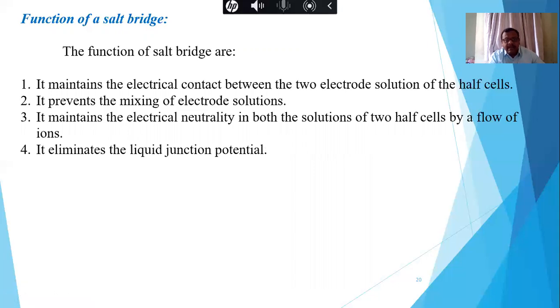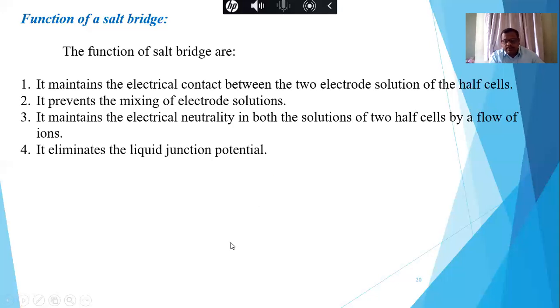The fourth function of the salt bridge is that it eliminates the liquid junction potential which can be developed between the two solutions.